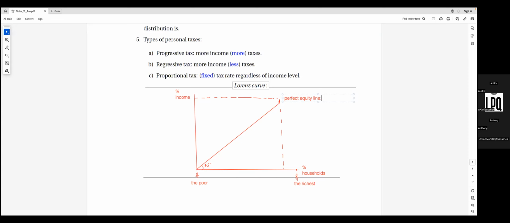Perfect equity line here represents an extreme case: everyone in your country, in terms of income level, is totally the same, totally no difference.